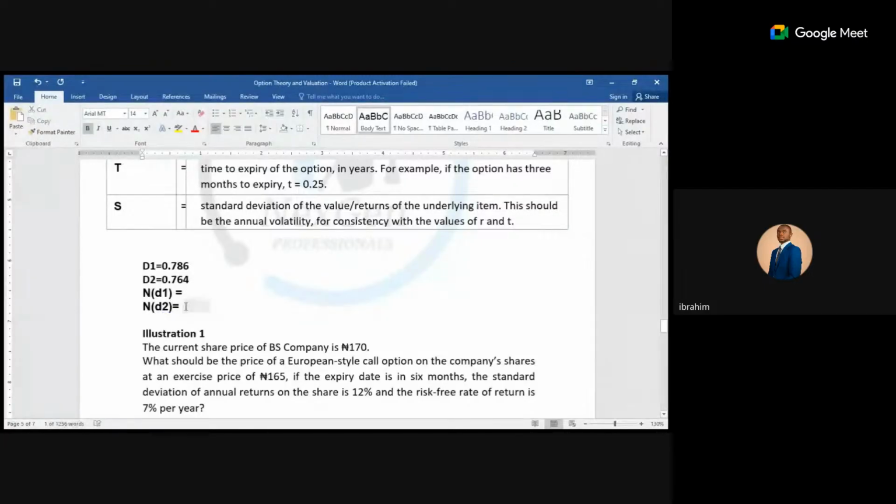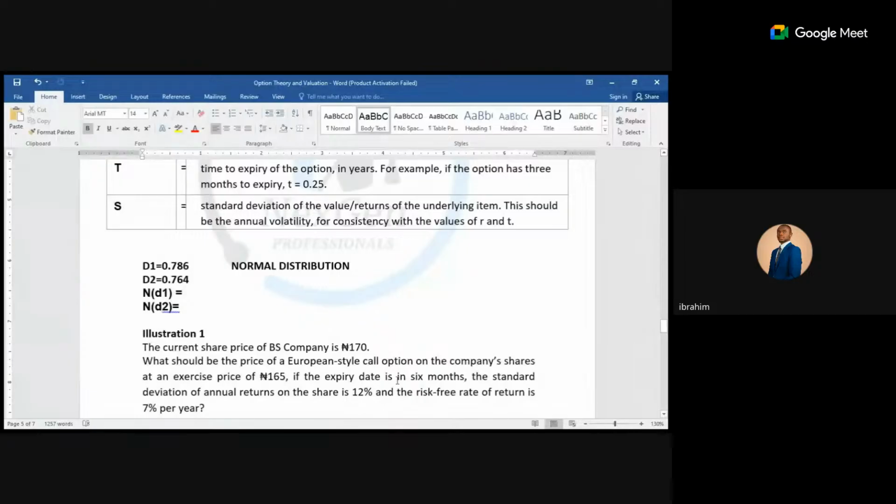Now, you have to check the normal distribution table. Please, let me quickly say this, that option pricing makes use of the normal distribution table. We'll get there, but let me quickly explain.